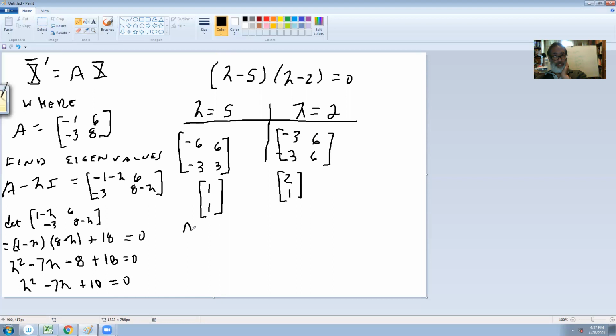So all solutions look like C1 times (1, 1) e to the 5t plus C2 times (2, 1) e to the 2t.